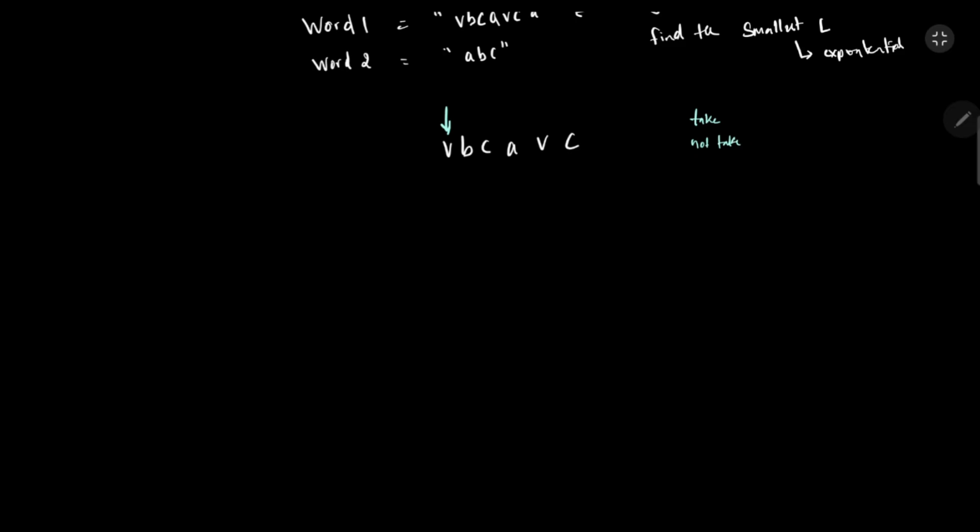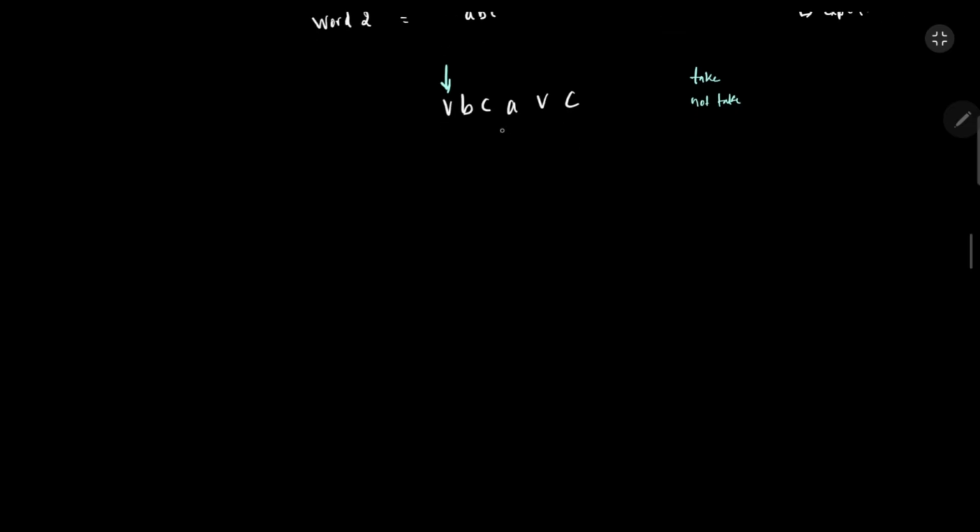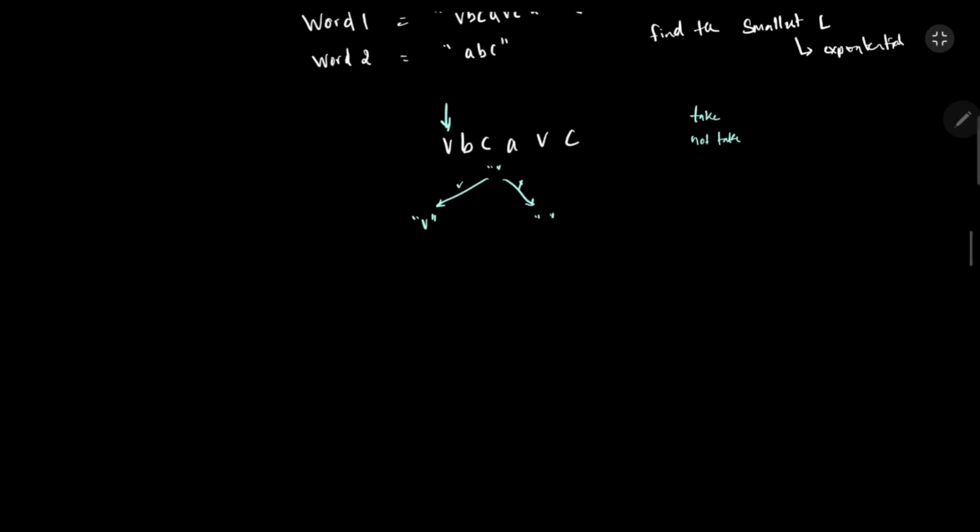Suppose we are at V. We can take it and it will give us V, since we start with an empty sequence, and if we do not take it, it will give an empty sequence. Now our index will go to the next one, and again it has two choices, either we take it or not take it.